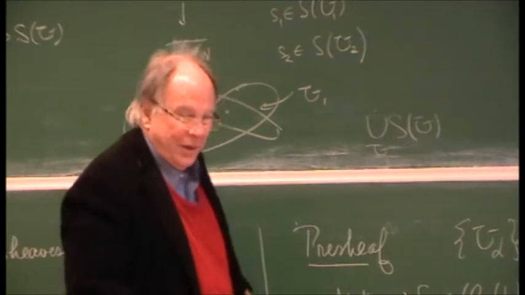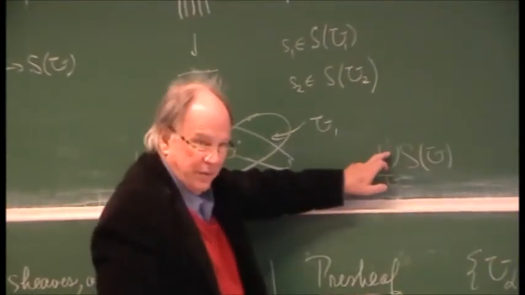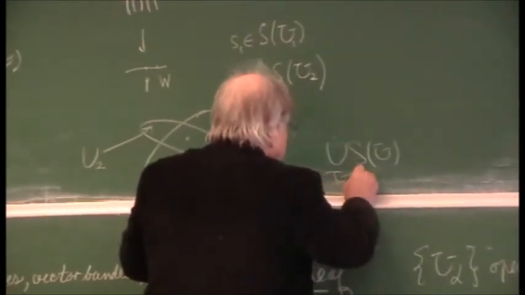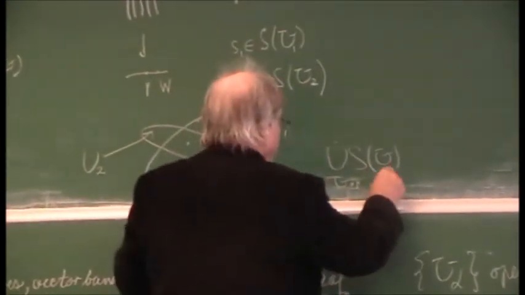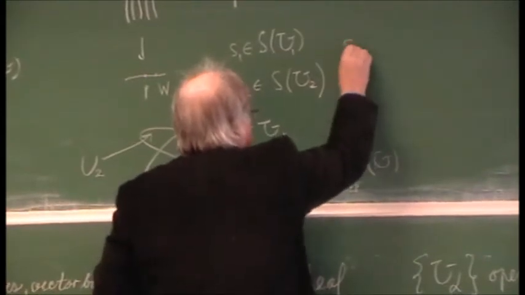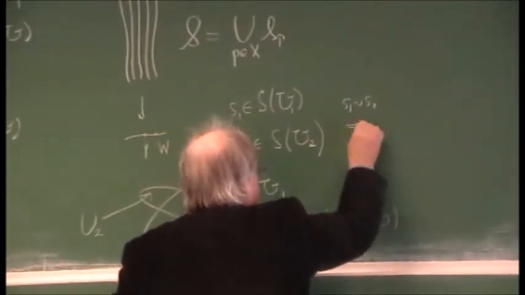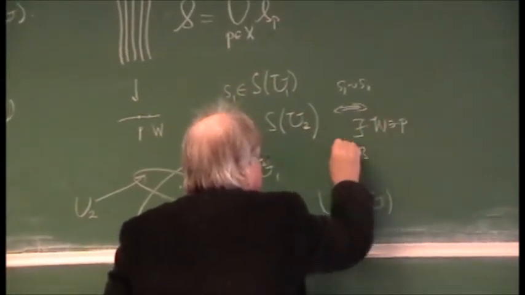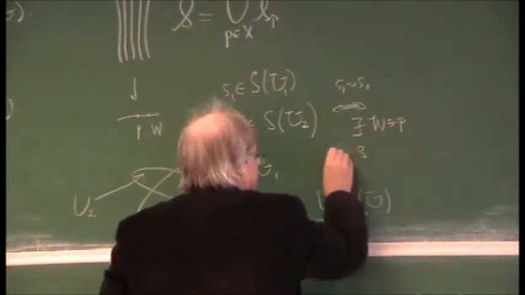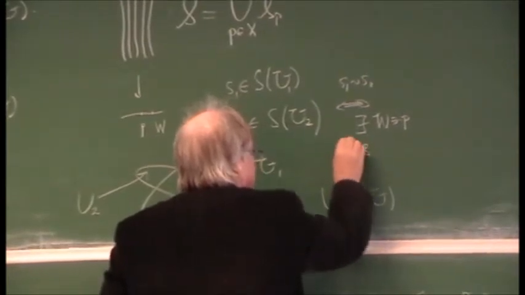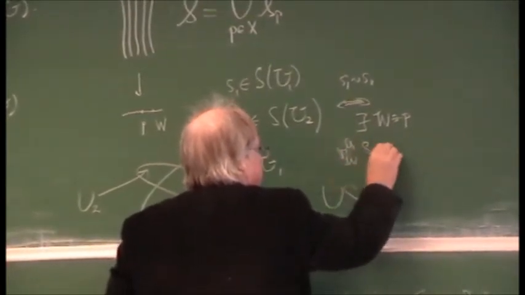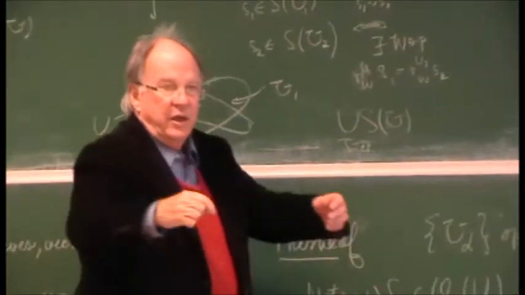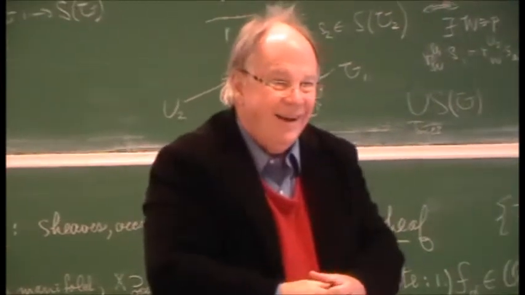So, of this direct sum, I'm going to have an equivalence relation on these things that contain P. S1 is equivalent to S2 if and only if there exists a W, of course containing P, so that the restriction of S1 from U1 to W equals the restriction of S2 from U2 to W. It just says, locally at P they're the same.